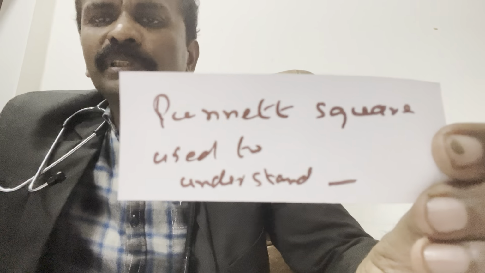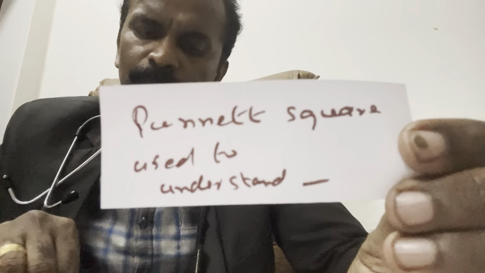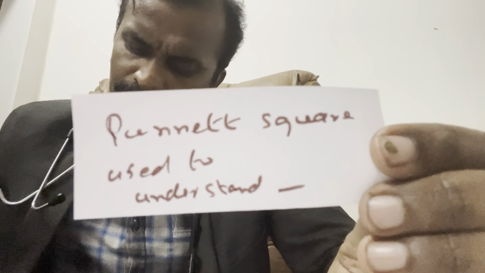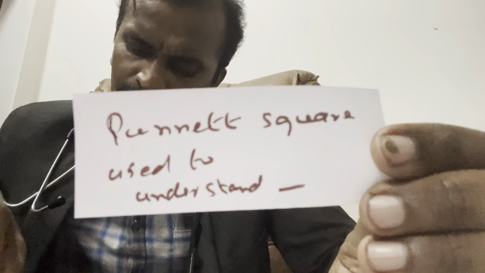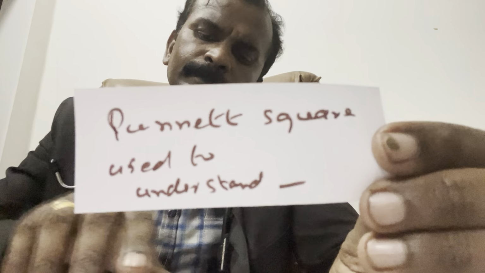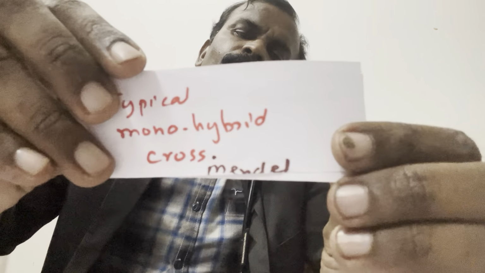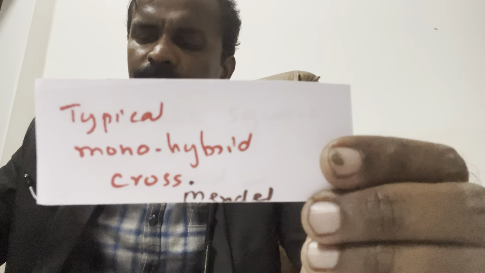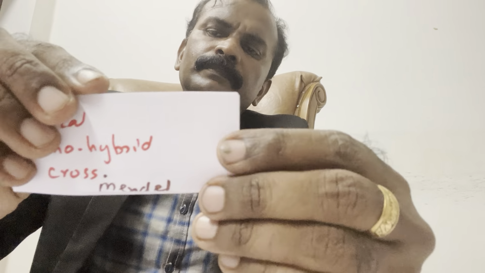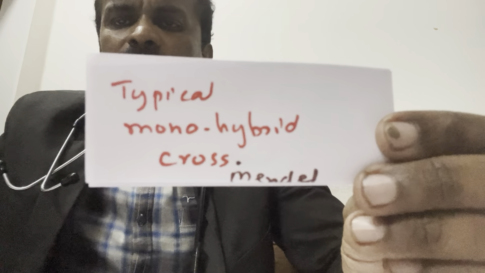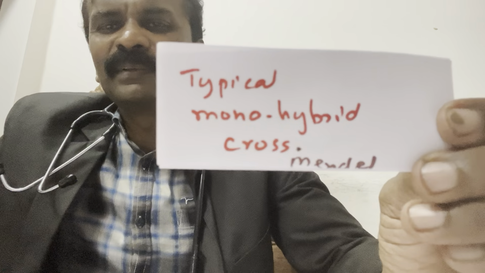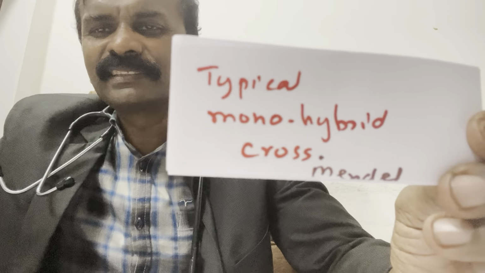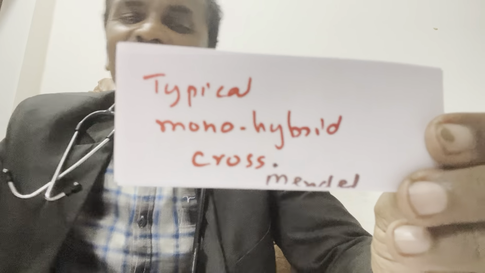Punnett square is used to study what? Typical monohybrid cross related to Mendel.